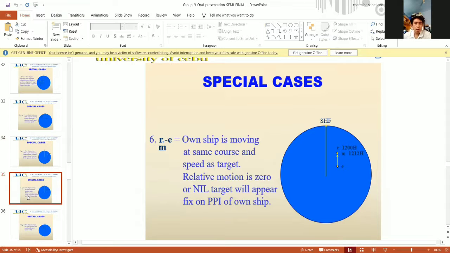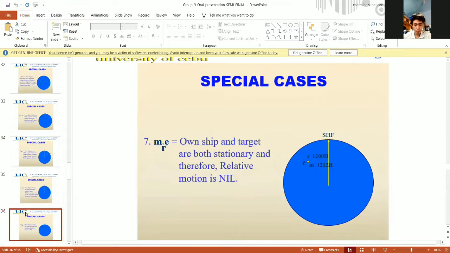RE to M is own ship is moving at same course and speed as target. Relative motion is 0 or NIL; target will appear fixed on PPI of own ship. ME and R is own ship and target are both stationary and therefore relative motion is NIL.